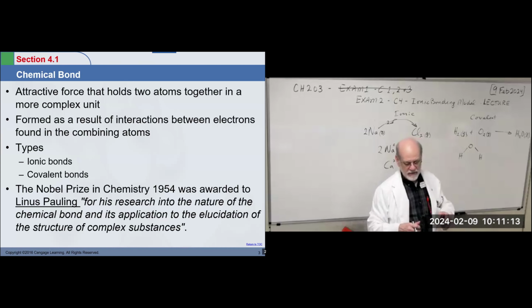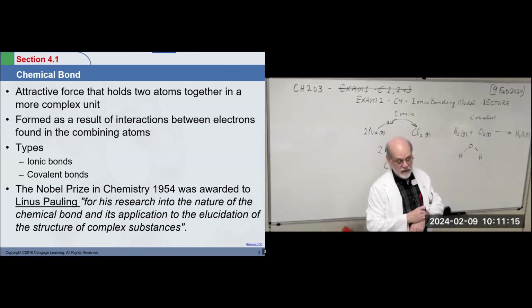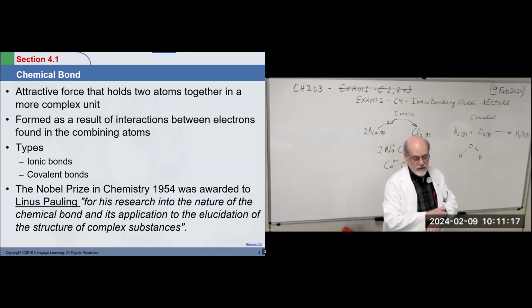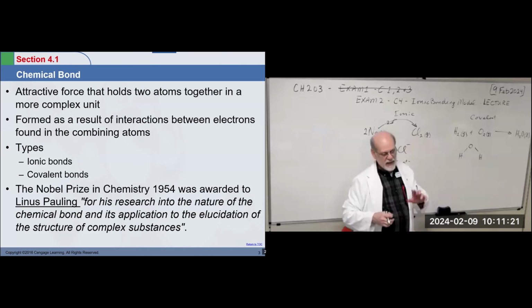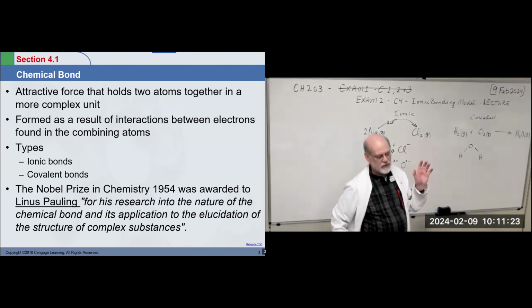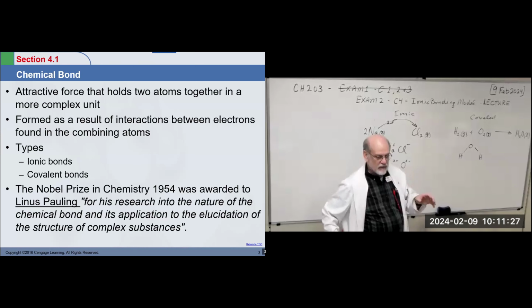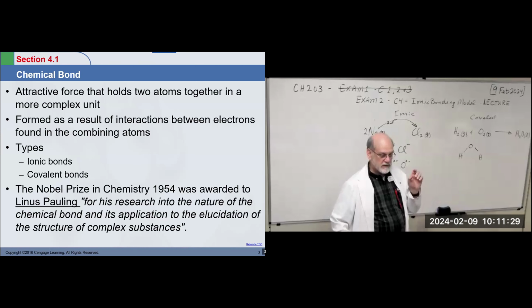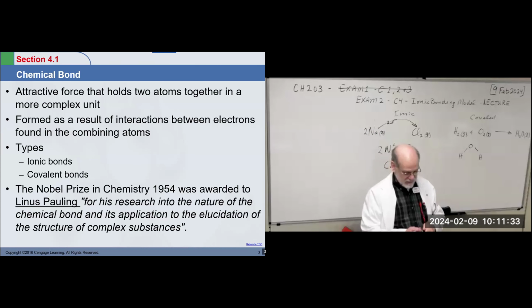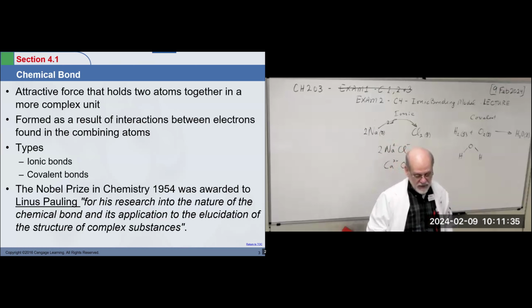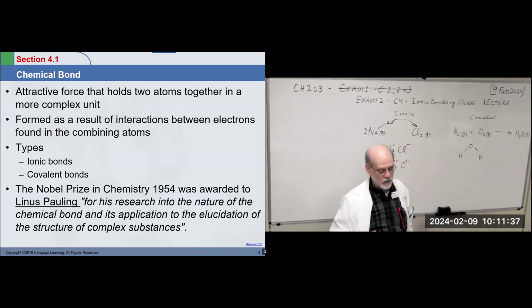Sometimes we call it a theory. And Linus Pauling was one of those. He took what was known at that time, actually in the late 30s, early 40s, and he wrote a book on the nature of the chemical bond. And it so impressed people that he got a Nobel Prize for it in 1954.